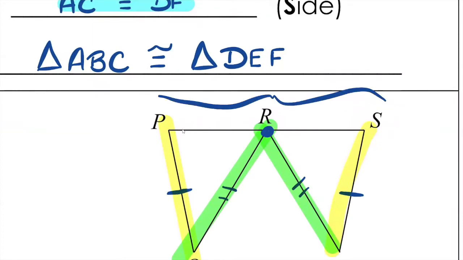And what does it mean to be a midpoint? What does it mean to be in the middle? Yeah, the definition of midpoint. So because R is in the middle of segment PS, each segment is then congruent to each other.